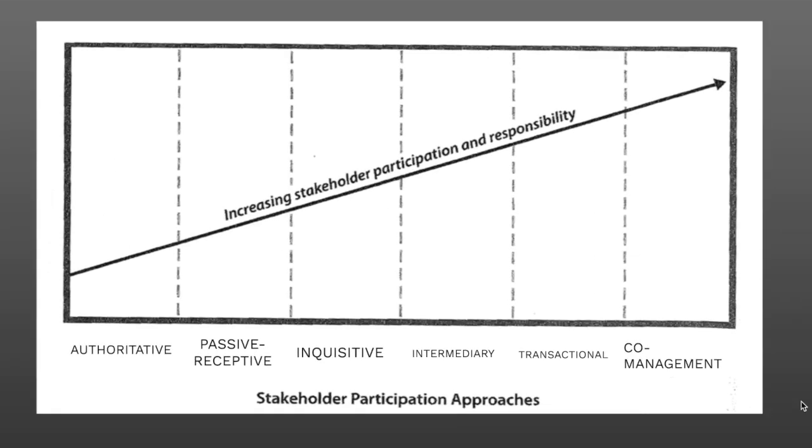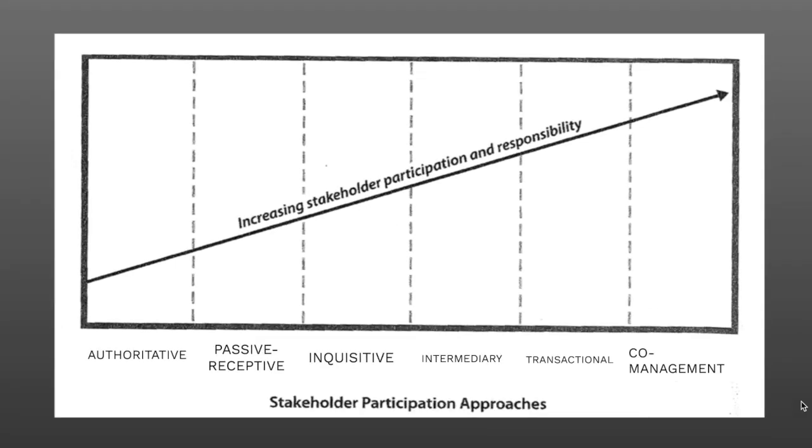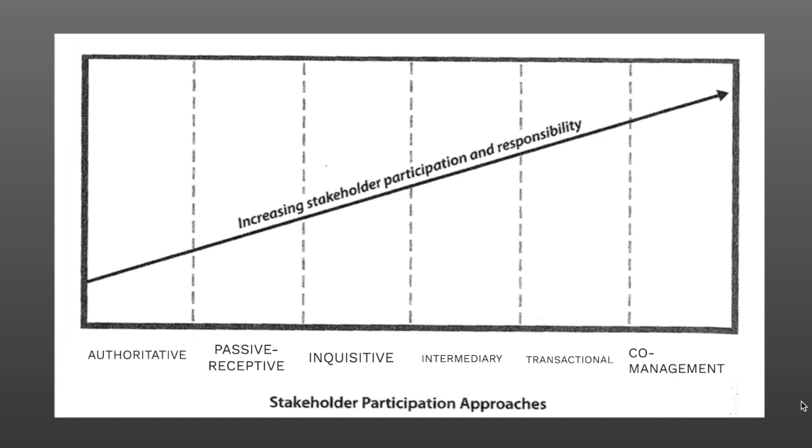There's then transactional, which puts all stakeholder groups together and engages both sides of the argument simultaneously. And finally, in co-management, the stakeholders have just as much power and responsibility as the managers. In reality, it is best to use a mixture of these strategies to effectively engage every part of your constituency.